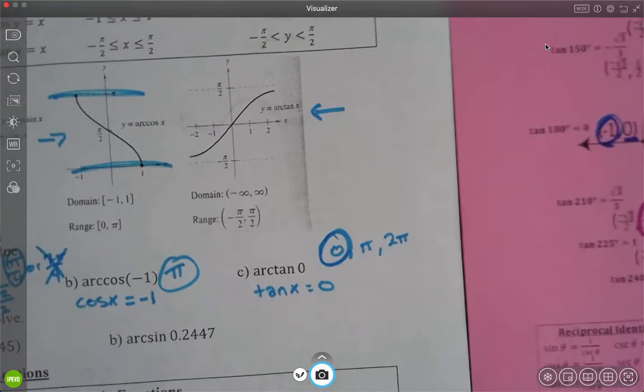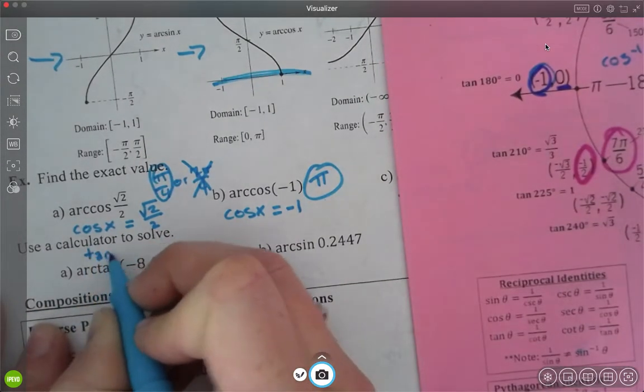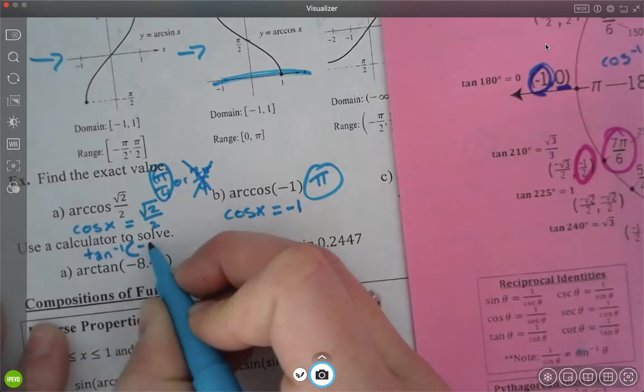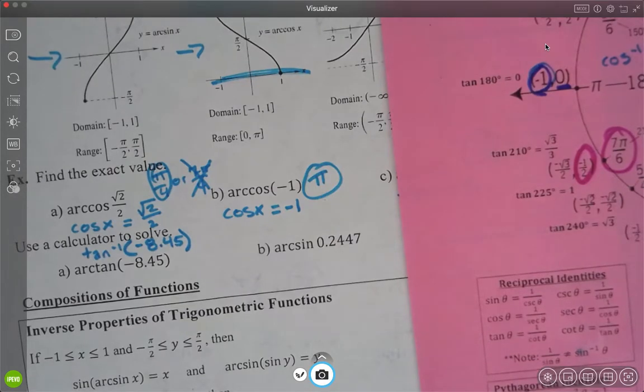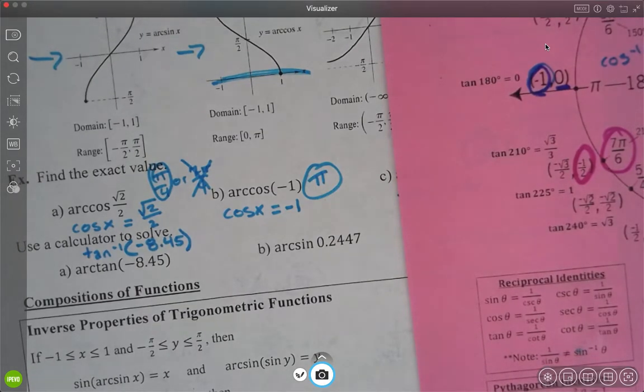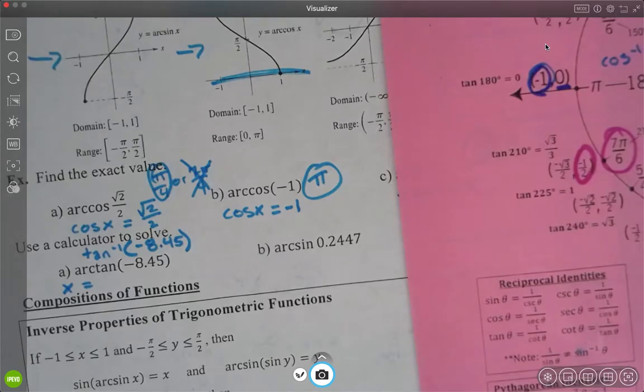Okay, use a calculator to solve arctangent, or inverse tangent, of -8.45. Do we want to be in radians or degrees? It doesn't matter. Your x will come back as radians if it's in radians and as degrees if it's in degrees.